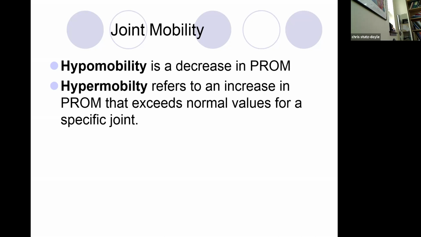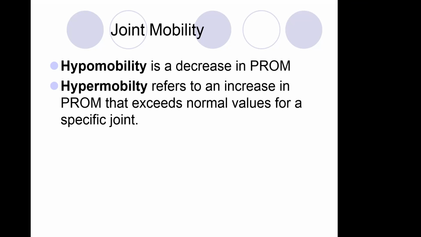Hypermobility refers to an increase in passive range of motion. So remember we said the other day, there's somebody who can have hypermobility syndrome, but we also said the other day, does anybody remember from the acquired systemic diseases, somebody who might have hypermobility? Marfan syndrome, right? And Down syndrome as well.